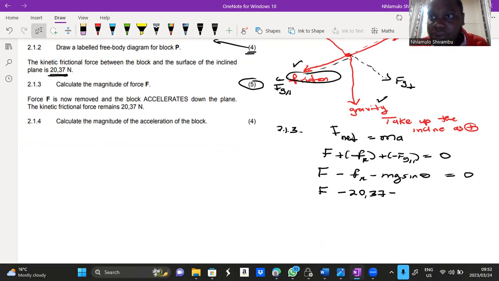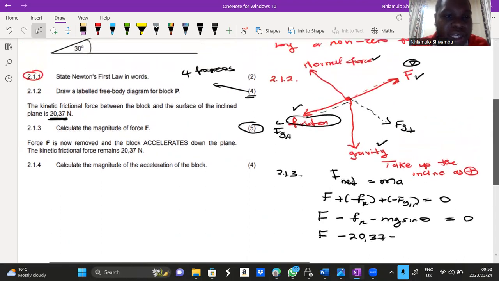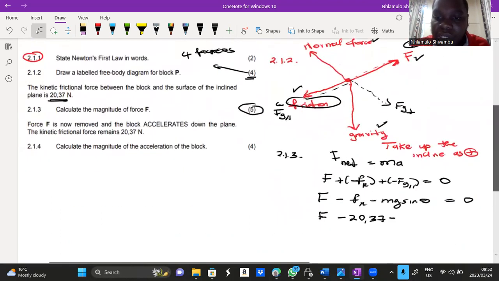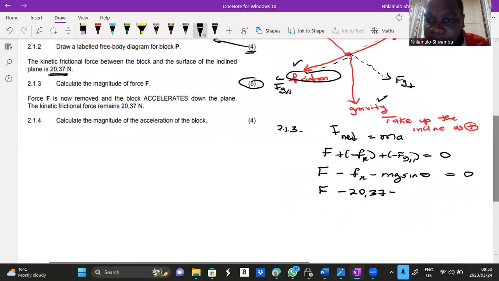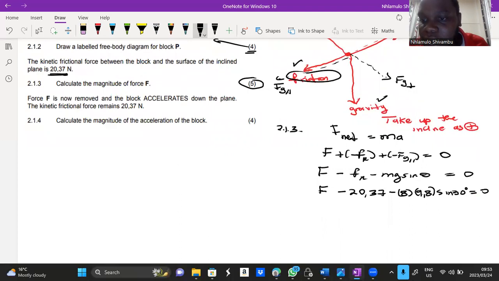So I want us to go back to the question so that we don't make mistakes. The object is an 8 kg block, good. So we're going to have the mass as 8, the g, which is the acceleration due to gravity, it's 9.8, and then sine of theta. So the theta is the angle of inclination, or the angle of the incline. That's sine 30 degrees equals to 0.5.